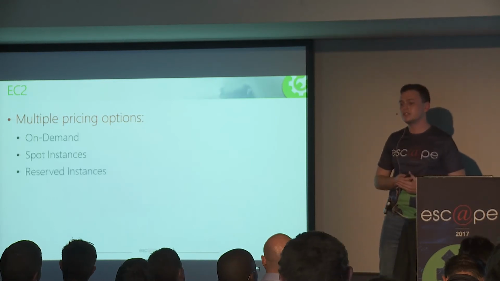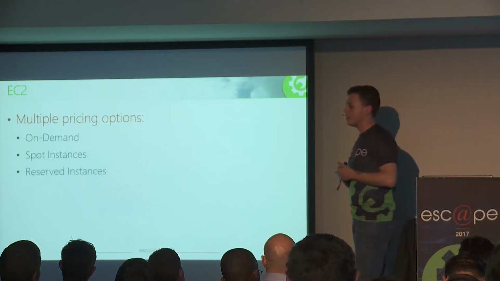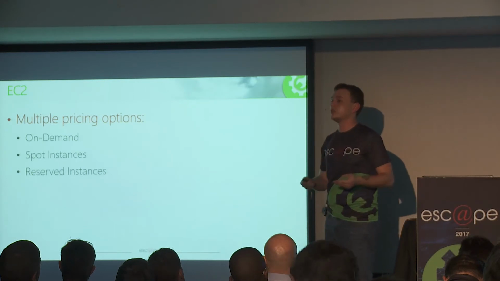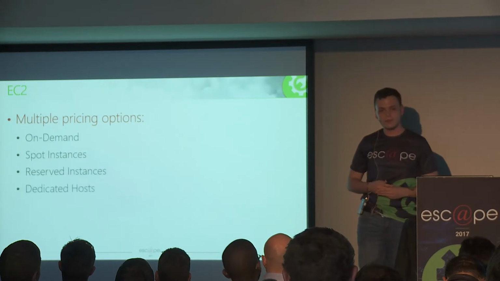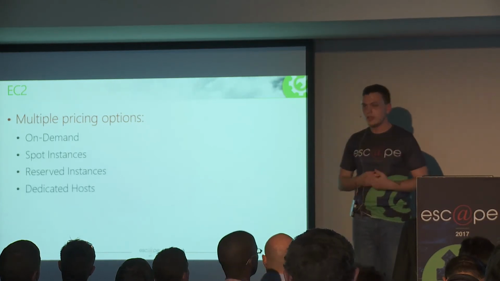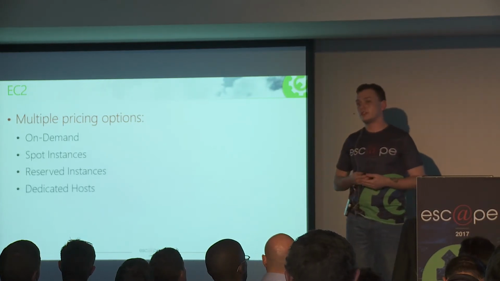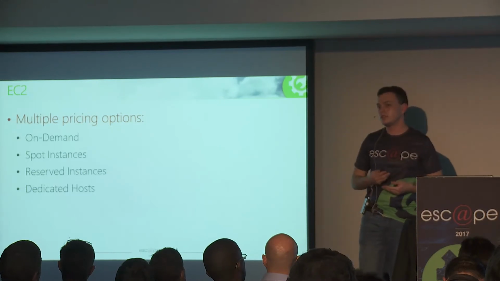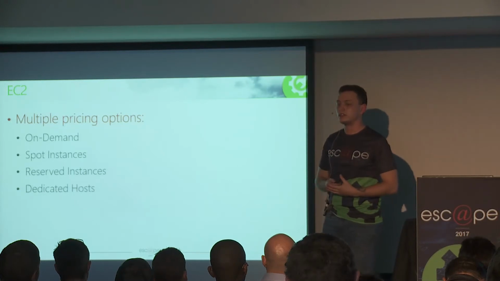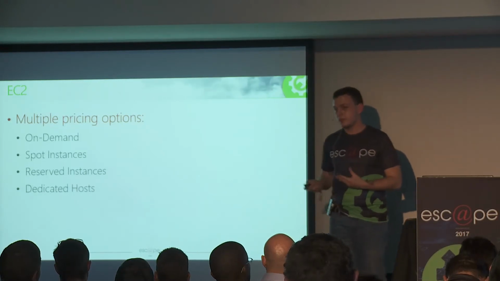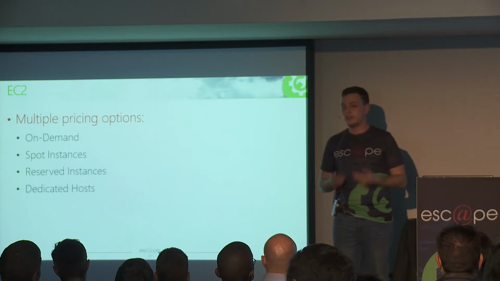Also reserved instances, very similar to on-demand, except I get a discount if I reserve that specific instance for a specific period of time. Also dedicated hosting. So the previously mentioned offerings run within a multi-tenant environment, so I would actually be sharing the physical hardware with other clients of AWS. And this becomes very important when I think of legislative issues.